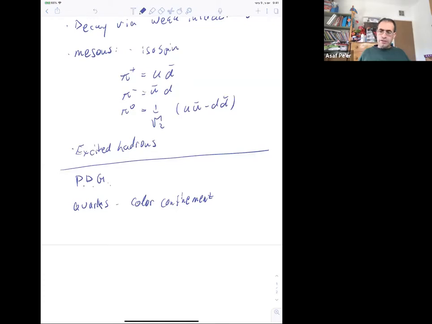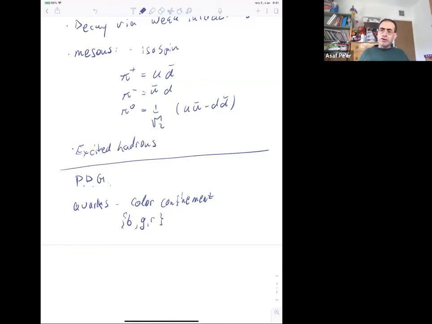The color is the carrier of the strong force, right? And the color confinement means that colored objects are always confined such that what we can see is color neutral. So there are three colors which are classically denoted by blue, green, and red, but we cannot see them.